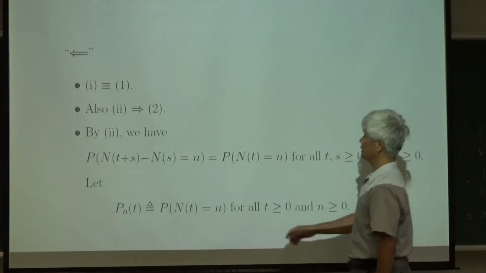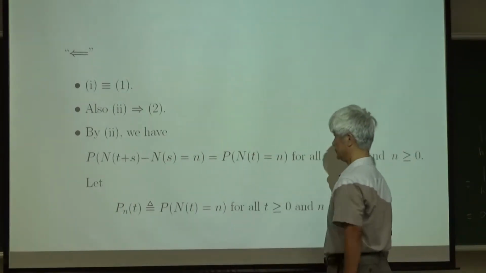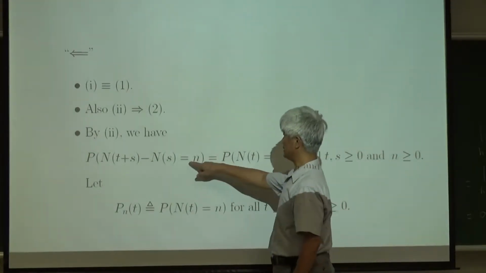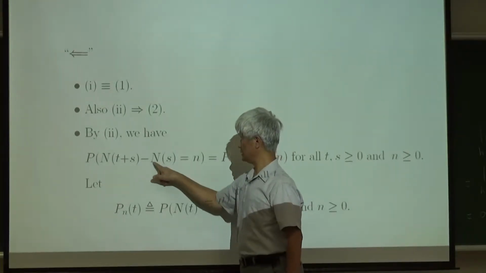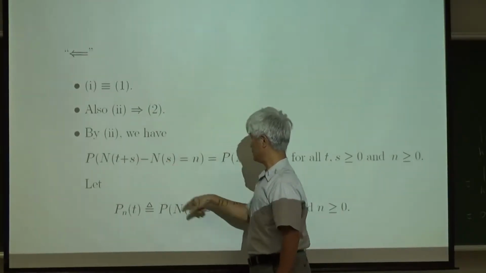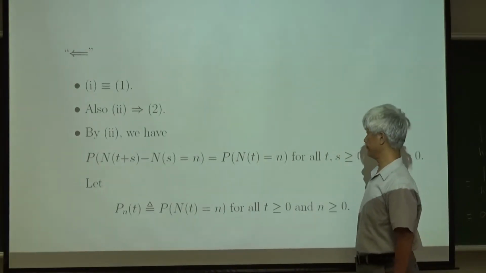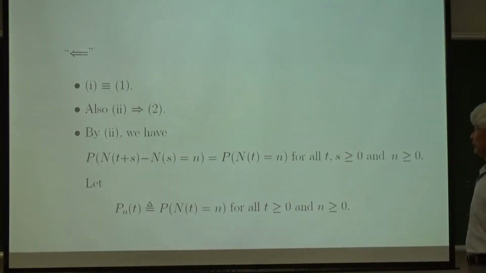Now, the stationarity of N_t claimed by Roman 2 tells us that the distribution of this increment is the same as the distribution of N_t. Right. So that is the starting point.